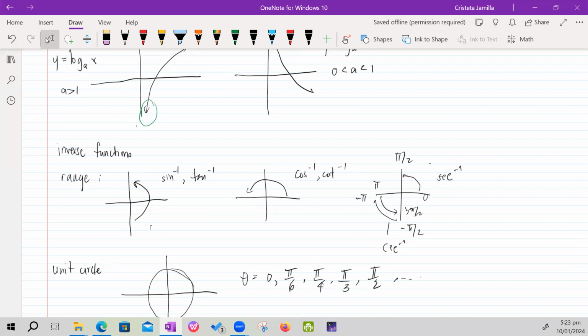For cosine, it's between 0 and pi. For secant, it should be between 0 and pi over 2, and then pi and 3 pi over 2. And for inverse cosecant, it should be from 0 to pi over 2 and negative pi over 2 to negative pi. So please remember these values for the inverse functions when you are evaluating the limits.